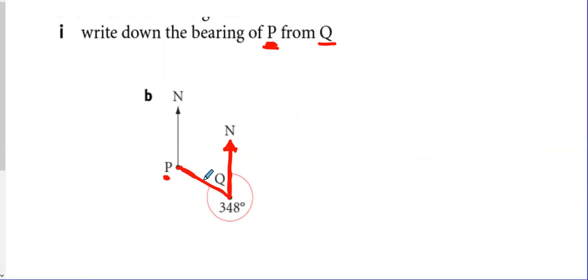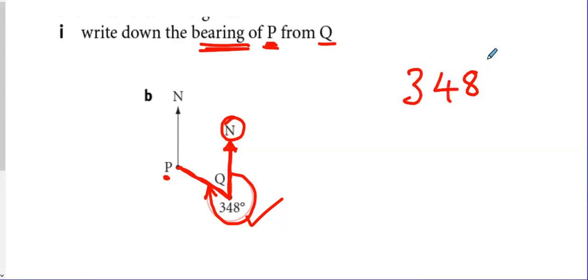Connect P to Q. Now, bearing is nothing but the angle measured from this north. You measure from this north to the line connecting P and Q. So that angle is already here. So what do you write? The bearing is 348 degrees. So this question looks to be pretty easy.